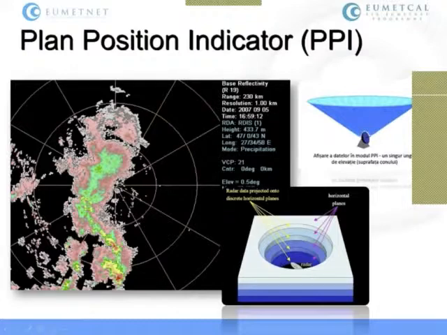Here in the upper right side, you have a scan at one single elevation. So you have this cone, right? If you are looking from the top, you are projecting this onto a plane. You will see this image here with these very nice echoes.